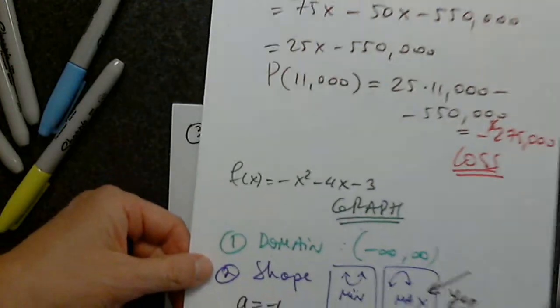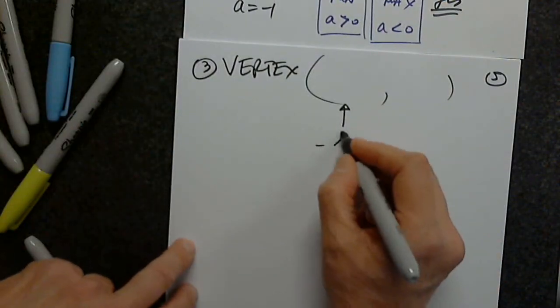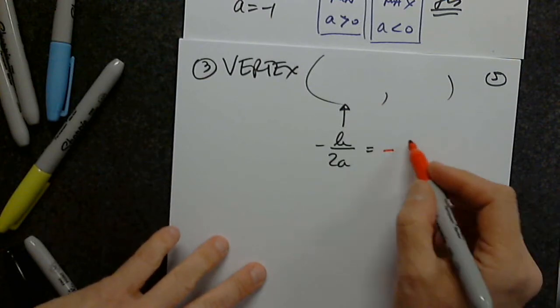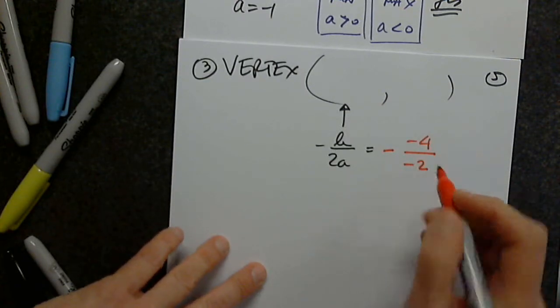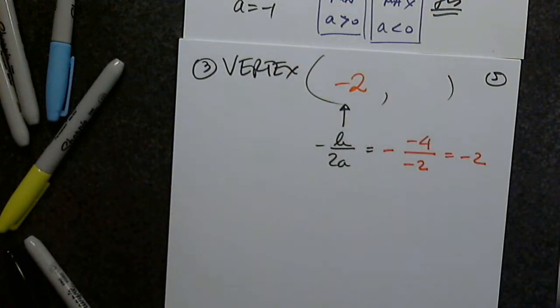When the function is given like this to us, we have to determine the vertex by finding -b over 2a. And I was saying last time that -b over 2a, for easy memorization, comes from the quadratic formula. It's everything except the plus or minus the square root. So negative b is 4, 2 times a is -2. All this gives us -2, and I have to put it in the vertex as -2 for the x coordinate.